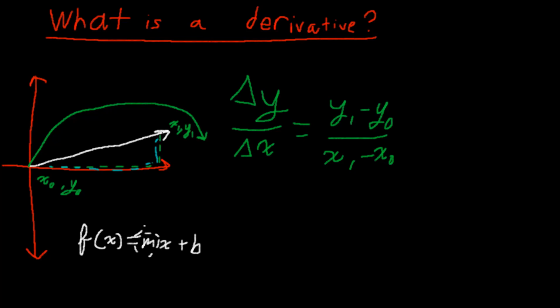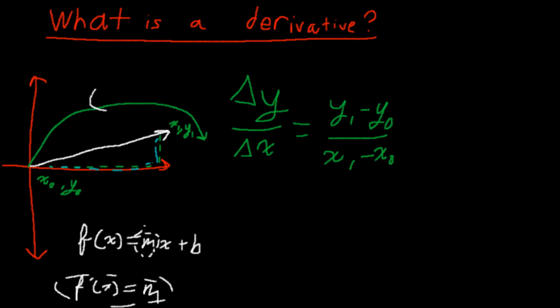The rate of change of y is not going to change at all because it's constant. If you took a derivative of a linear function such as this one with respect to x, it would turn into just m, and that's how you could prove that.